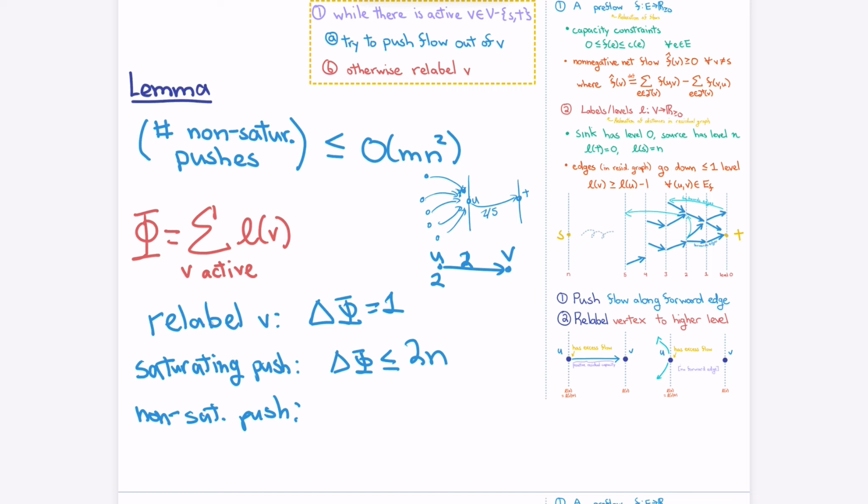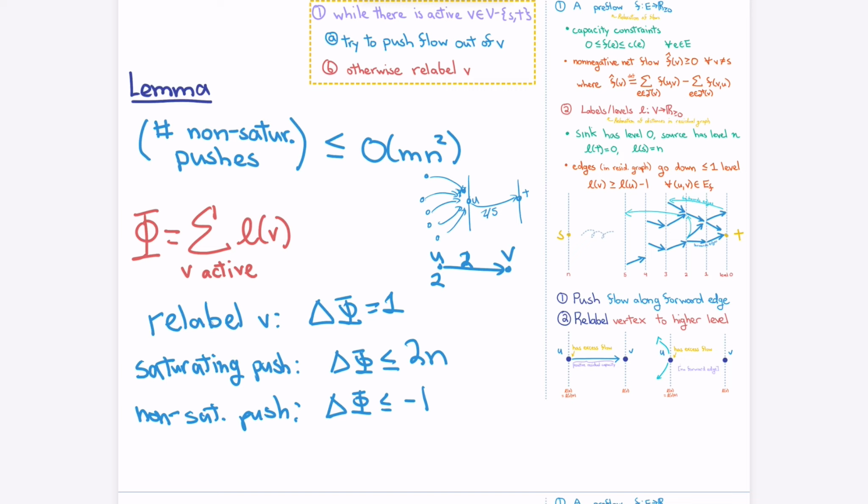In your sum, it's going to go down by the level of U, and it's going to go up by the level of V, but you're going down one level. So you at least go down by 1, at most -1.